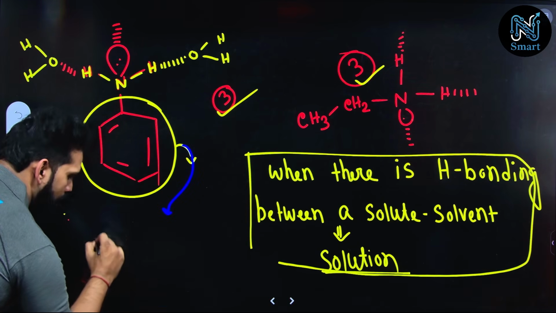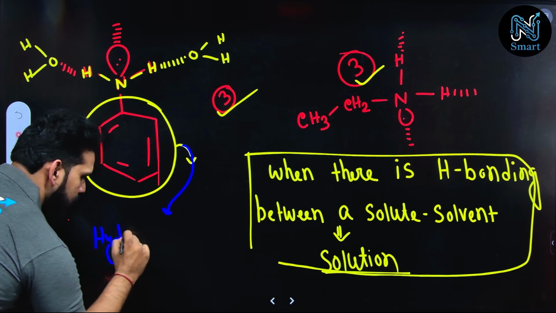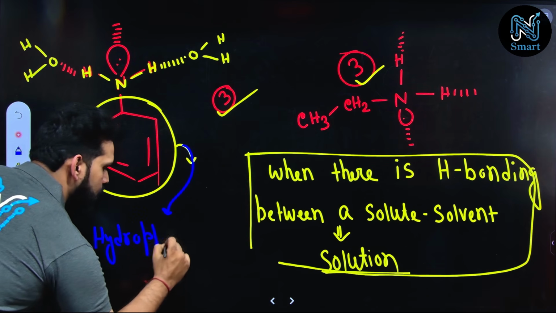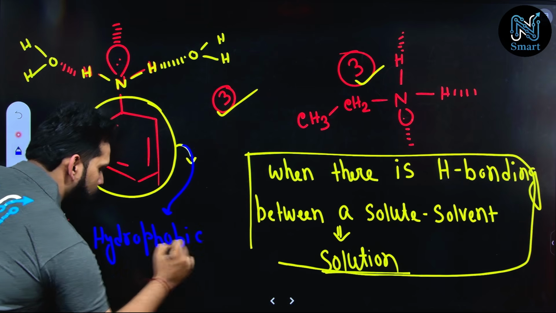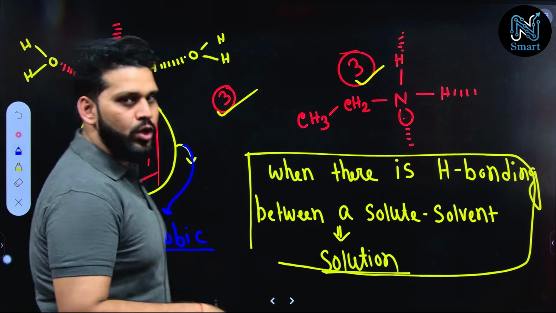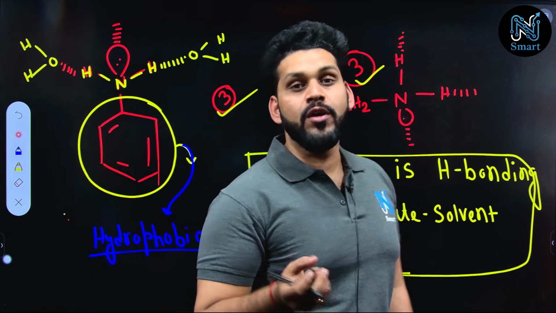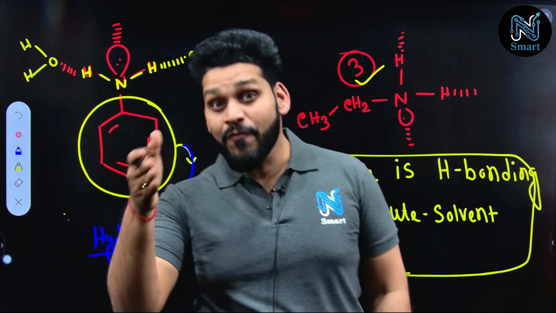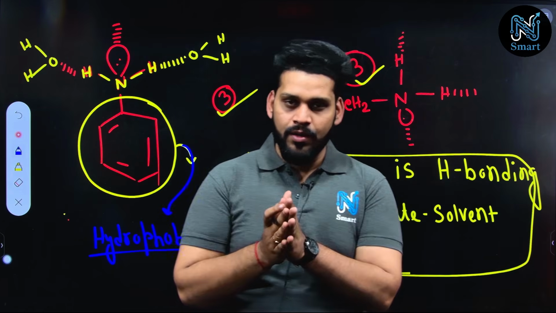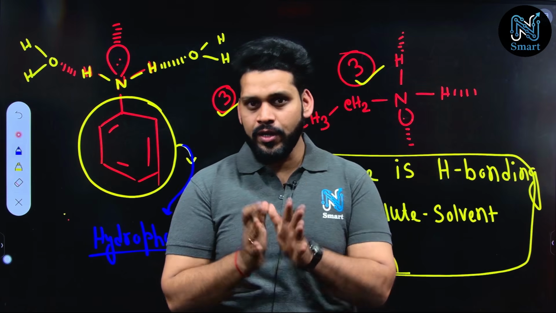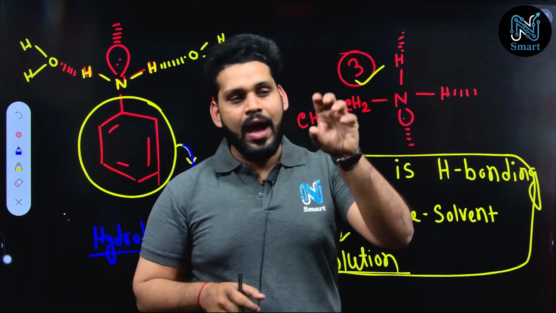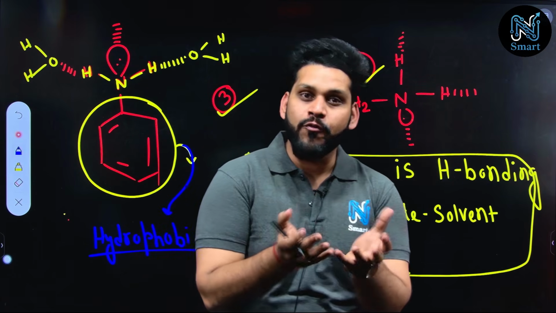So this part is hydrophobic. Hydrophobic means what? Hydro means water. Phobic comes from the word phobia. Phobia is the opposite of philia. Philia means love. Phobia, I guess we are aware of it, right, guys? Phobia means fear. Hydrophobic means afraid of water.